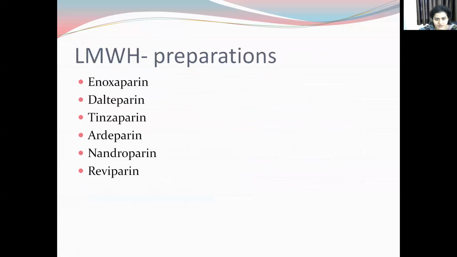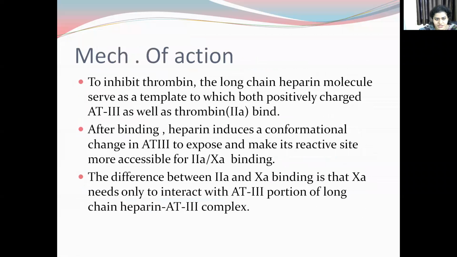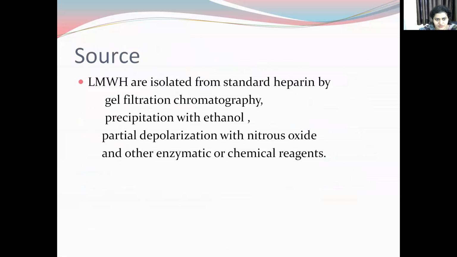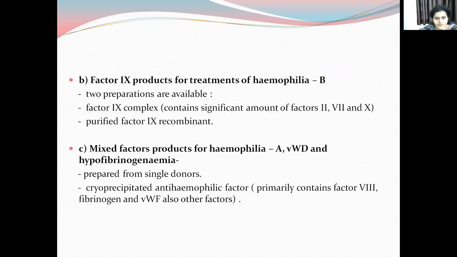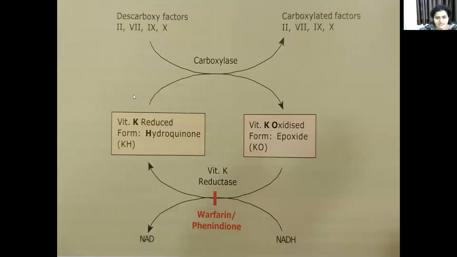If you remember, there was a diagram showing the role of vitamin K in the synthesis of clotting factors. See, this is the diagram which I explained in my last class. That is, vitamin K is necessary for the synthesis of clotting factors 2, 7, 9, 10. Now, these clotting factors will be in a decarboxylated form, which is biologically inactive.